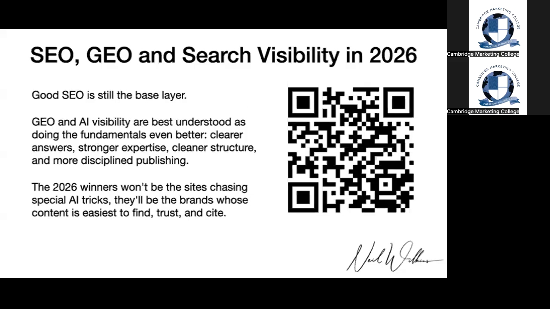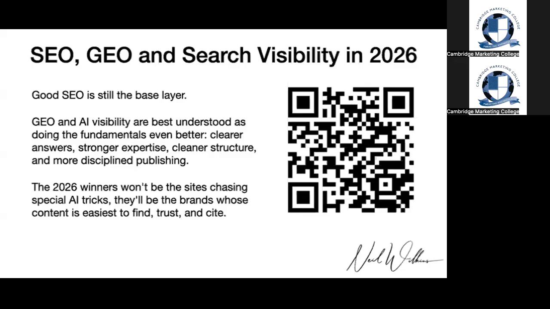Now, there are a lot of challenges here, but the good news is that good search engine optimization in the traditional sense is still the base layer for everything going forward. It is still the fundamental foundation for everything that is good about search.